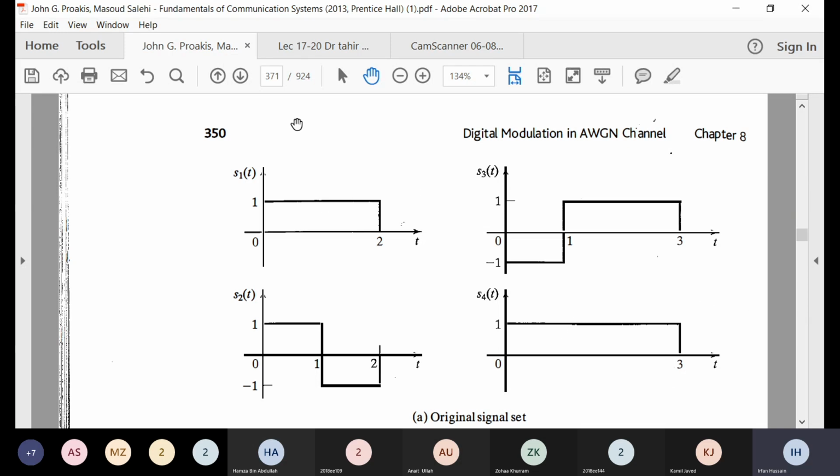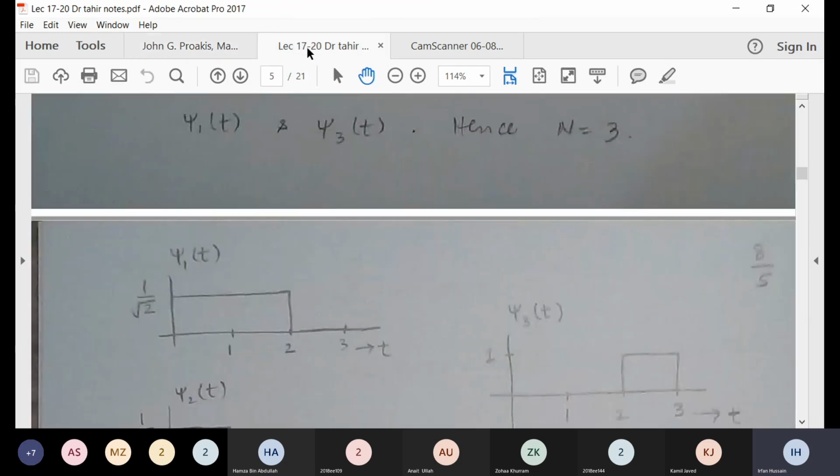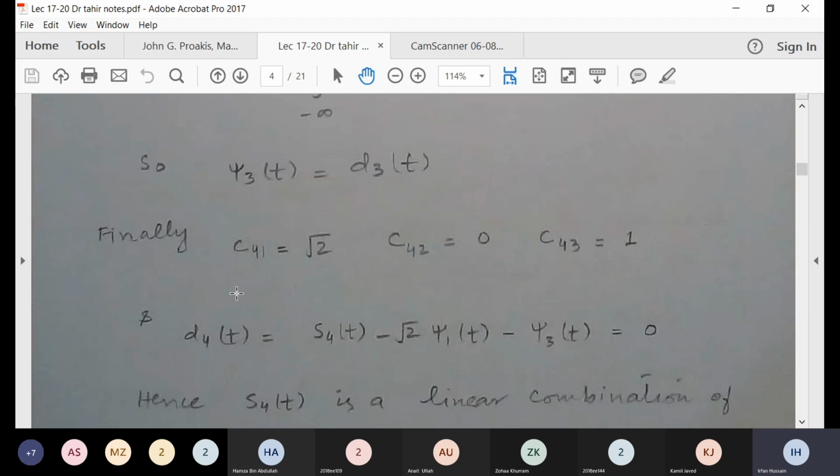You know S4 is just 1, and this is 1 over under root 2. So the projection will come out to be 1 over under root 2 and height of 2. So 1 over under root 2 into height of 2 will come out to be under root 2. Alright, this will be C41.